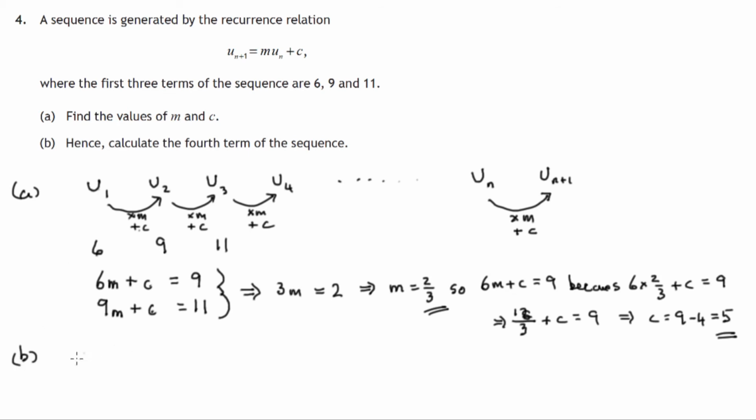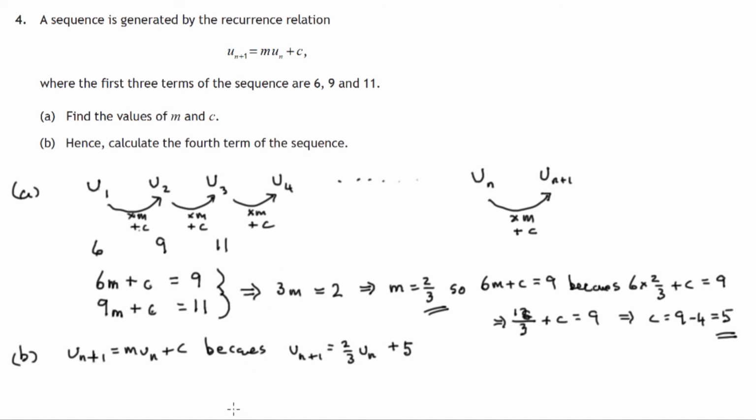So we now know the recurrence relation. So that becomes u(n+1) is 2/3 of un plus 5. m has turned out to be 2/3 and c is 5.